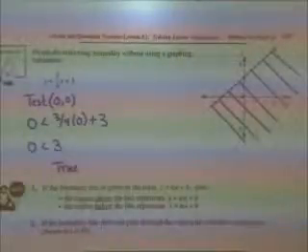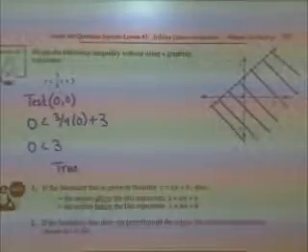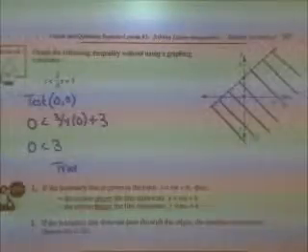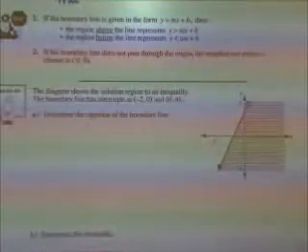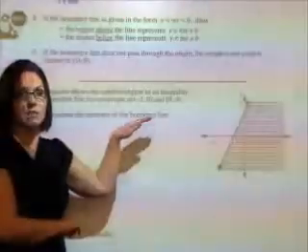But for the amount of time it takes you to use a test point, it's not a bad idea to test that point and just double check. And the simplest test point to choose is the one that goes through the origin. After that, the next ones are anything that would be along the x or the y axis, because either one of the coordinates would be 0, which then just leaves less for me to choose from.